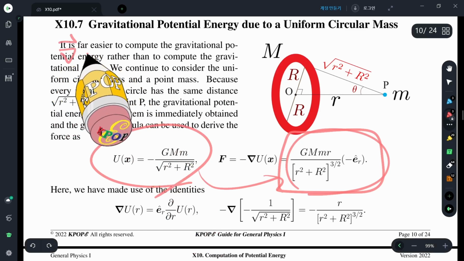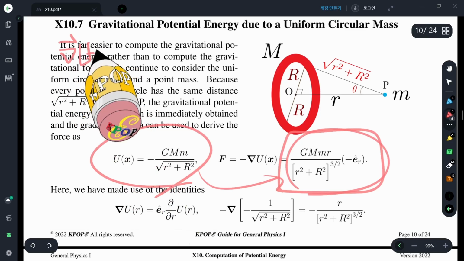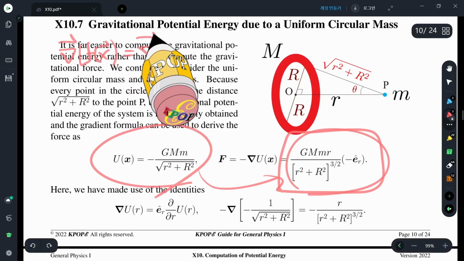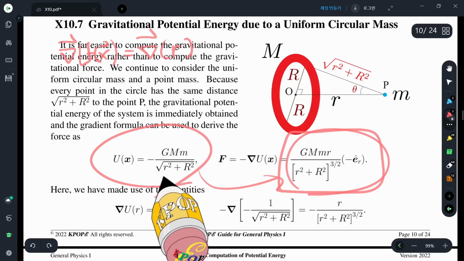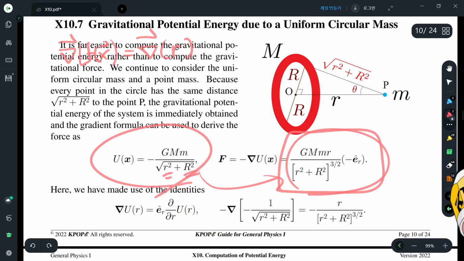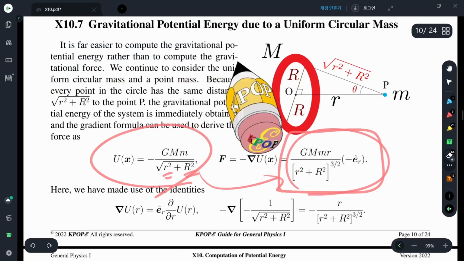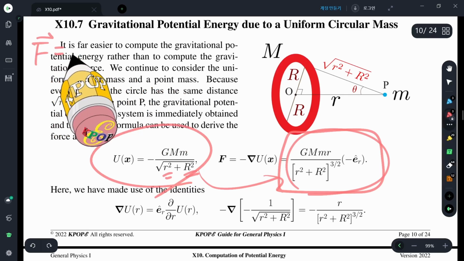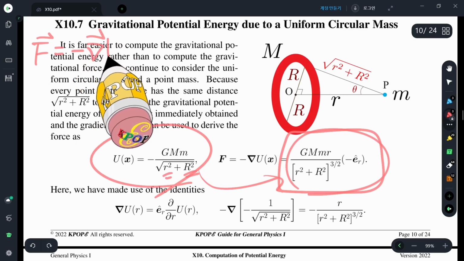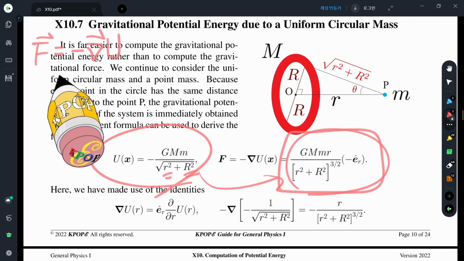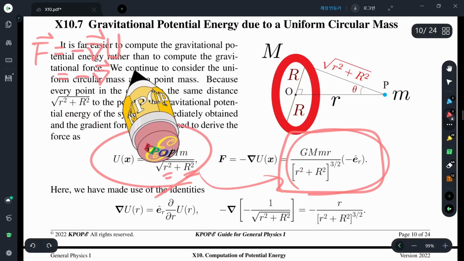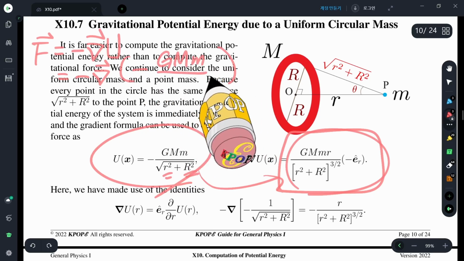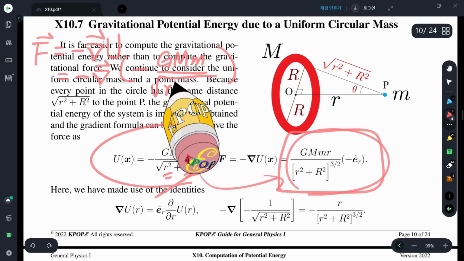Gradient of u of x. However, u of x is actually u of r, a function of r only. Capital R is constant. Force equals minus gradient of the potential energy, and we have minus gradient of minus GMM over the square root of R squared plus r squared.